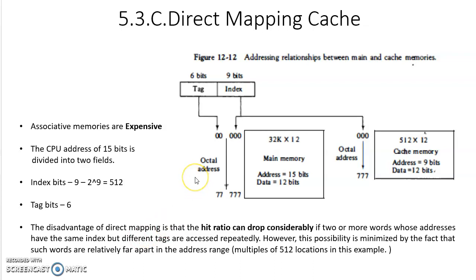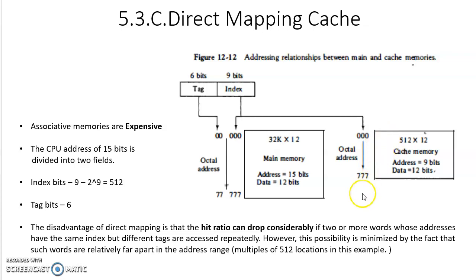This is the advantage of direct mapping, but again it has a disadvantage. If I want to store the same lines of different pages, for example the first line of the first page and the first line of the second page also, I cannot do that here. I can store only one first line of any page.